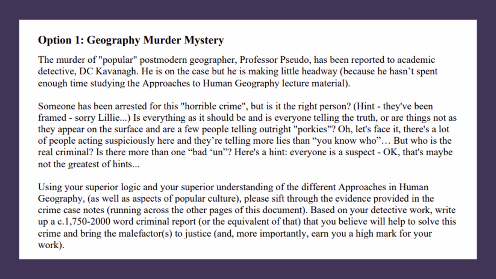You could do it as a video as well, where you're presenting your case to your superior detectives on why you think such and such a person should be arrested, or where you're addressing the news media after you've arrested the suspects, explaining why that person was arrested and why other people were not arrested, if you get what I mean.